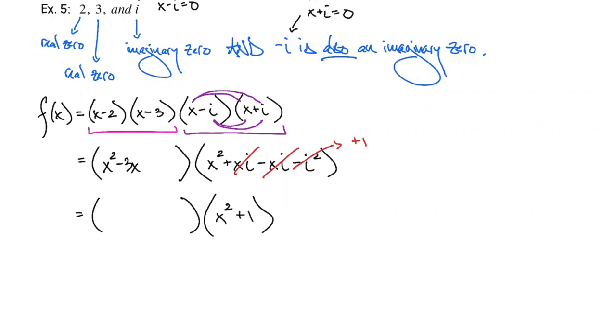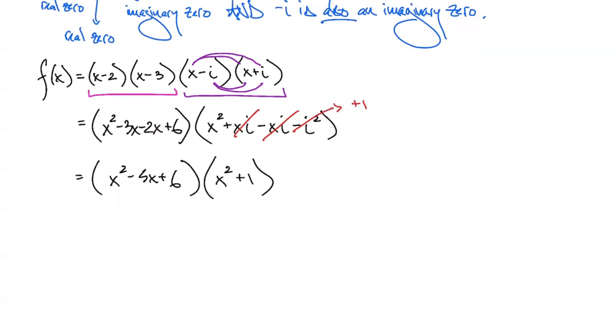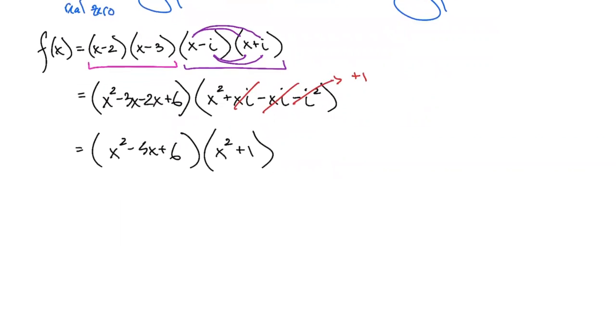And then you get the negative 2x plus 6. Good. And we can clean that up to get x squared minus 5x plus 6. And then we go ahead and we distribute out.